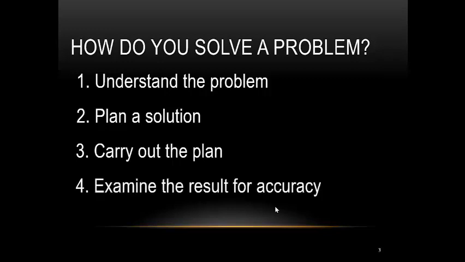Then lastly, after carrying out the plan, we can now examine the result for accuracy. At this phase, the system tester is the one in charge of determining whether the output given by the system is accurate or not.